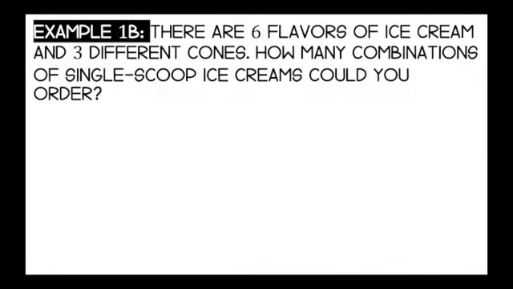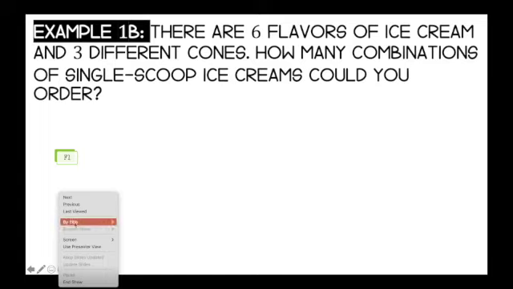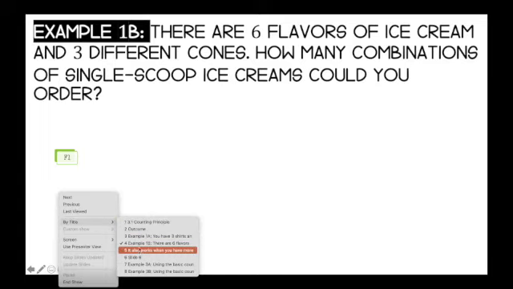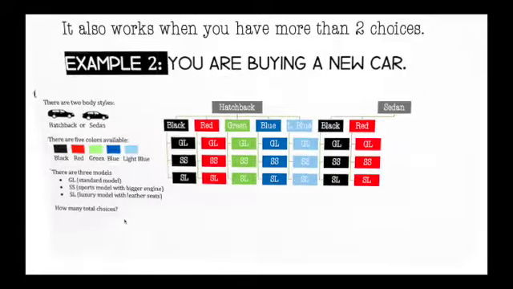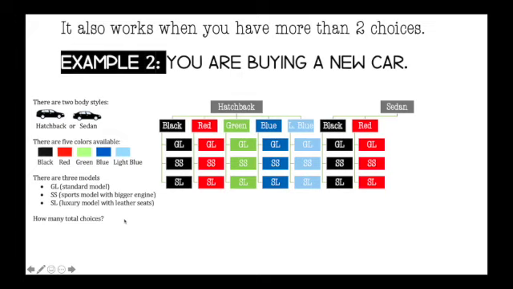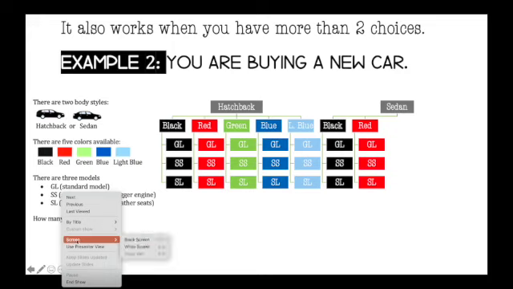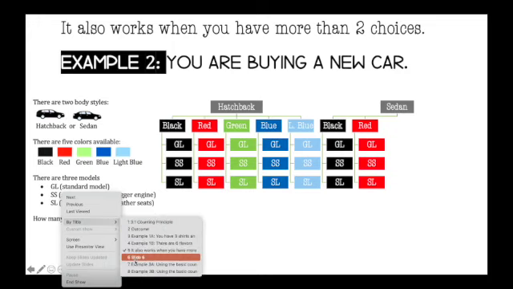If we looked at this one where we had 6 times 3 is 18, that's exactly what we got. If we look at this example, you had 2 times 5 times 3, which is 30, which is what we got.